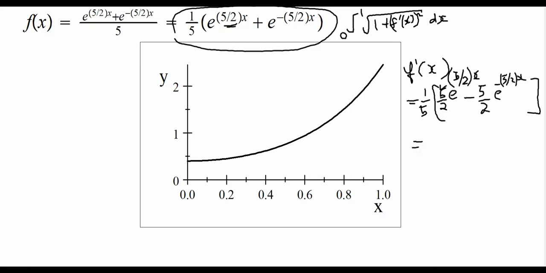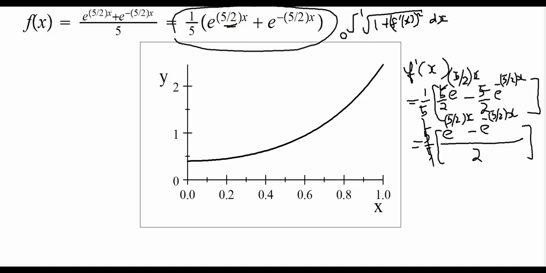And you can factor this 5 out, so we get 5 over 5, and what we have here is e to the 5 over 2 x minus e to the negative 5 over 2 x, and the whole thing divided by 2, and these 5s cancel.